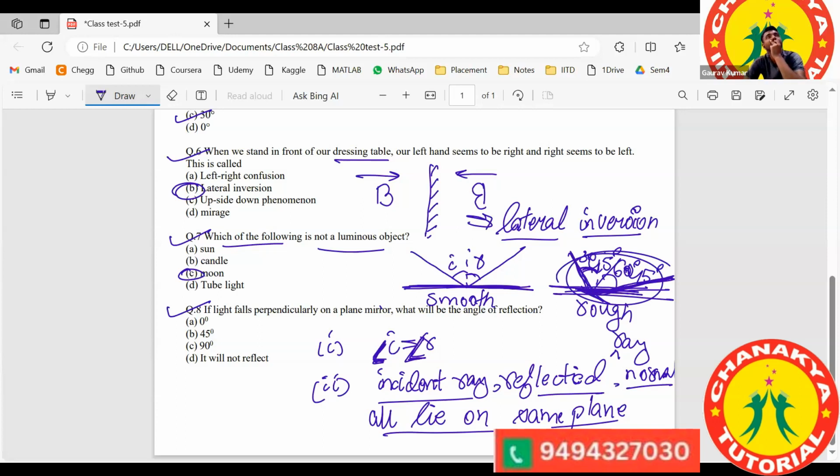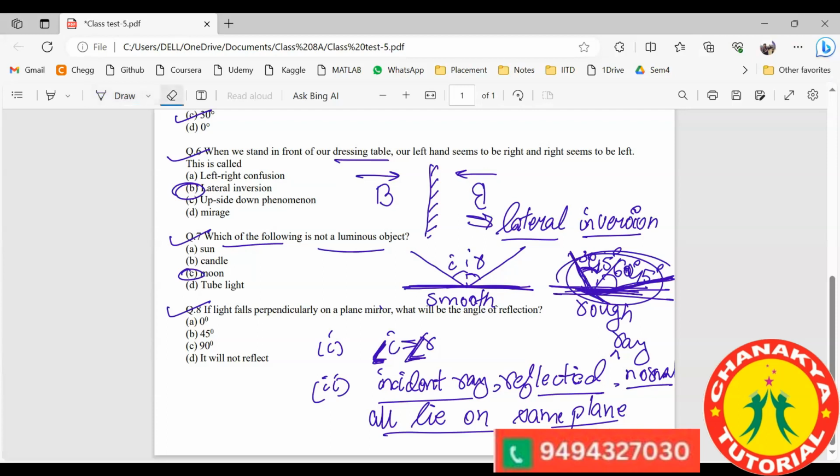Sir, the reflection happens, but on a microscopic level, all particles will have a different, separate normal, and with respect to that normal, the incident ray and the reflected ray are equal.